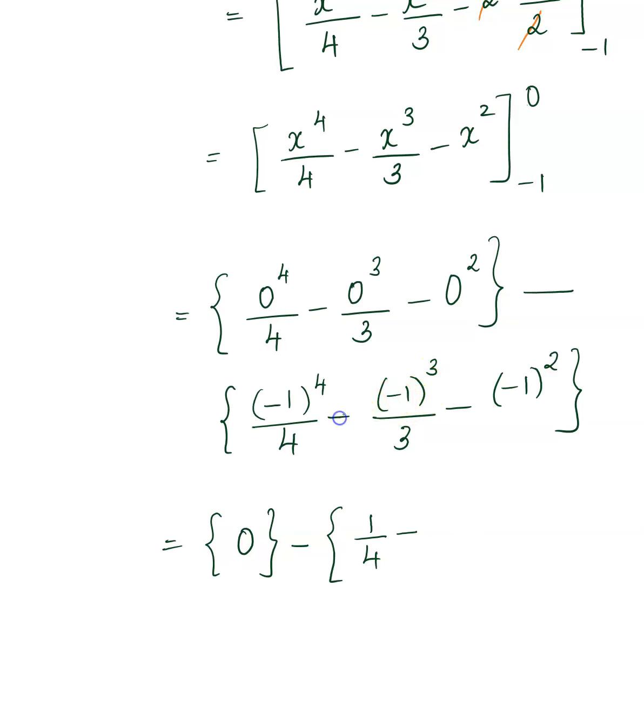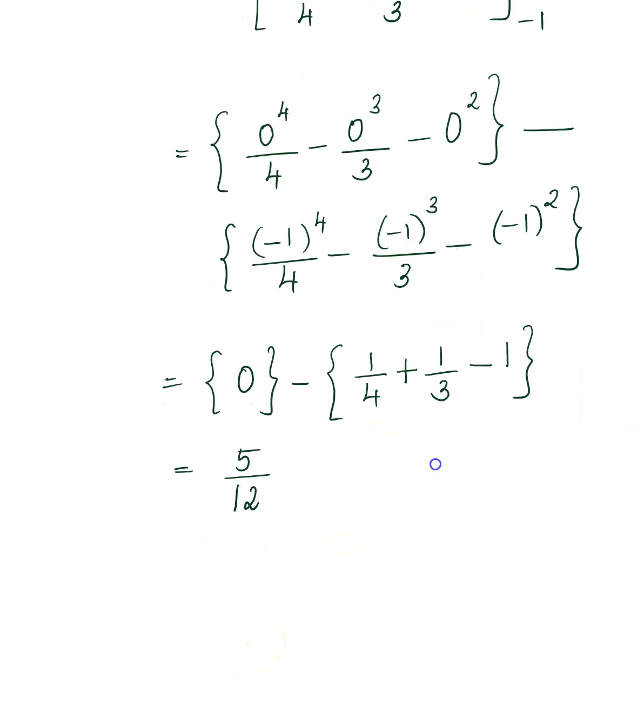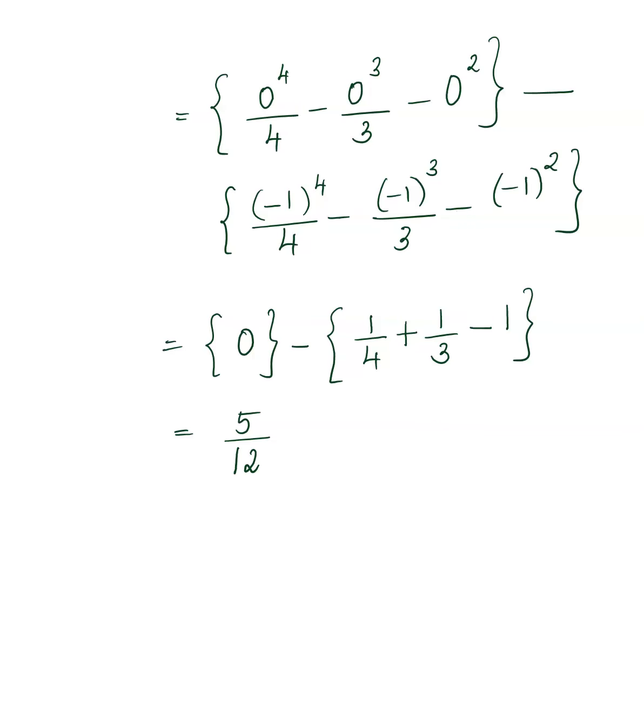That negative and this negative will become positive, so 1 over 3. Negative 1 the whole squared is positive, but you have a minus here, so it would make it negative 1. Use your basic algebra to combine them all. You get 5 over 12 for the first subinterval.